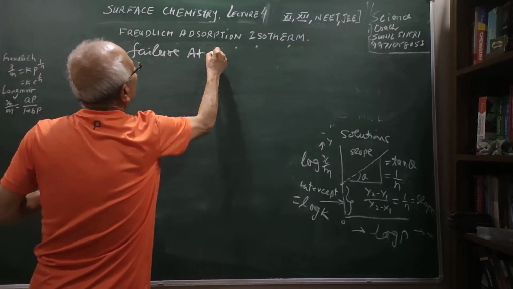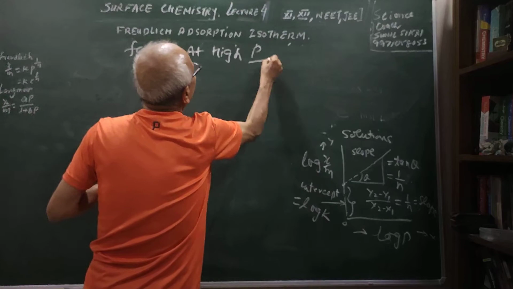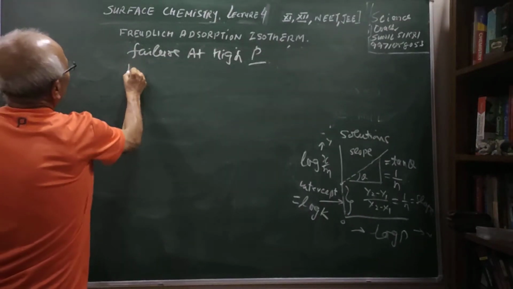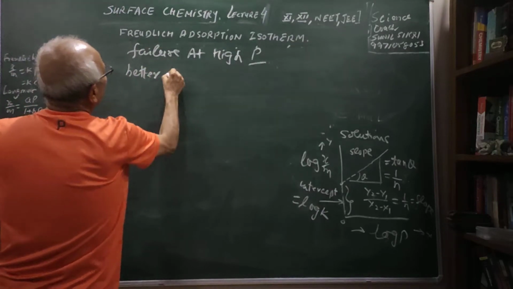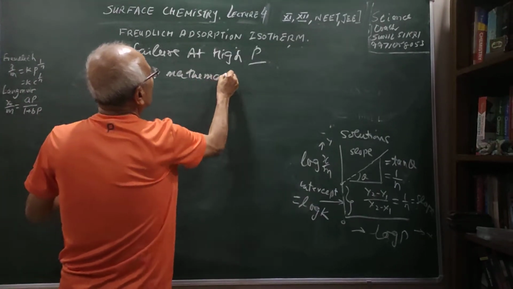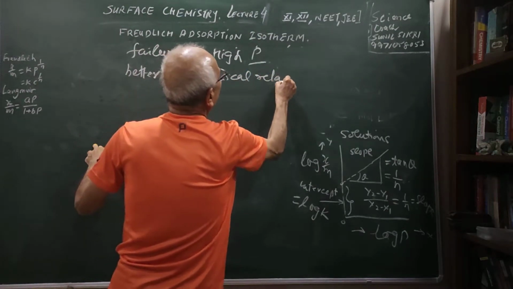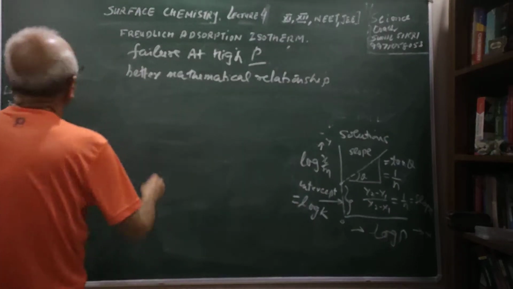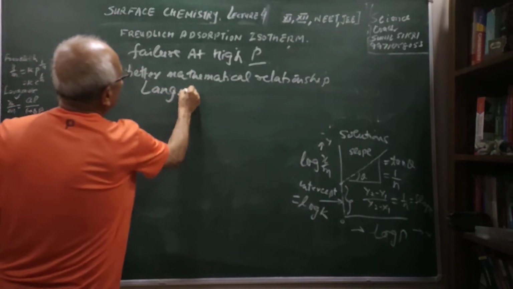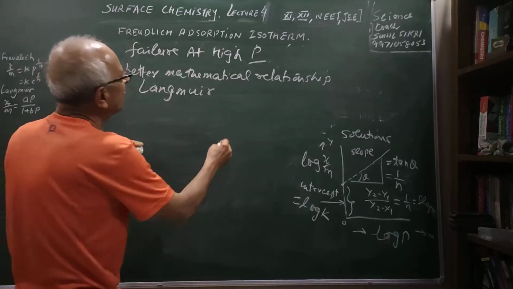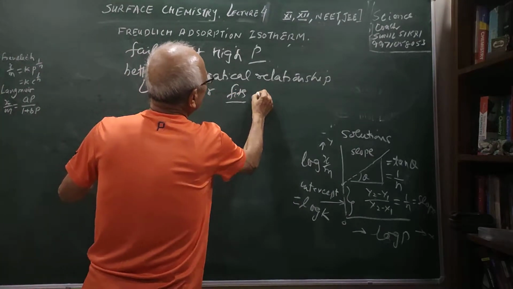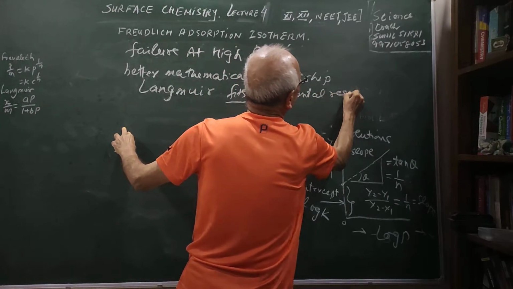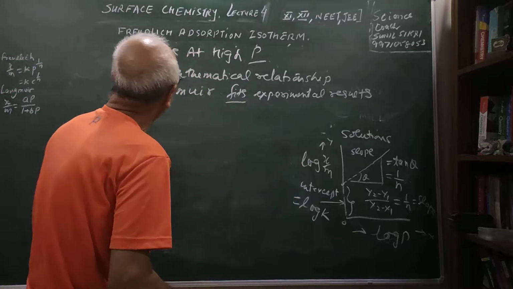In order to improve this, a better mathematical relationship was given to account for the higher pressure by Langmuir. Langmuir gave another equation which better fits the experimental results. What is that equation?